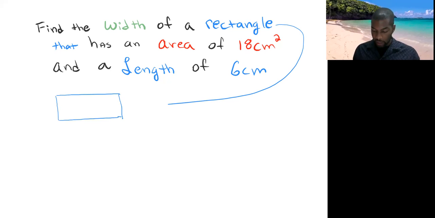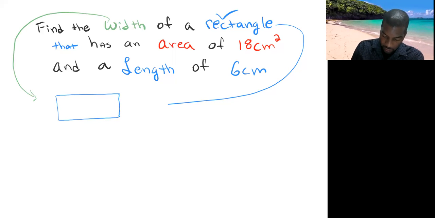What else do I know about it? We know that it's a rectangle, check. I know that I'm going to be finding the width, right? And what is the width? It's the short side of the rectangle. So I don't know what those are.